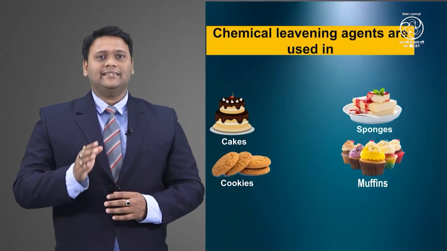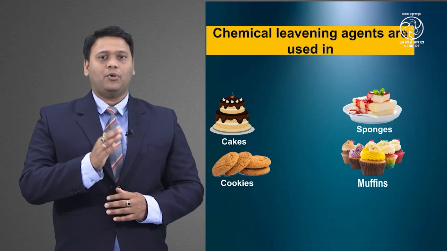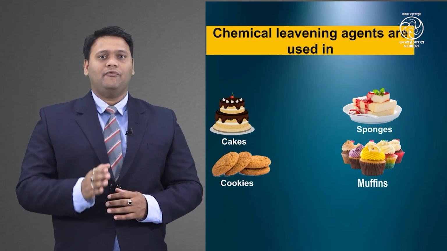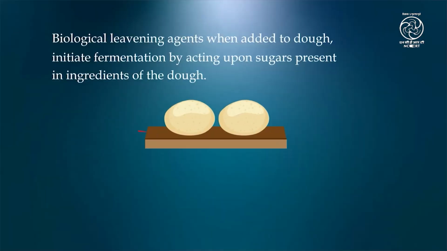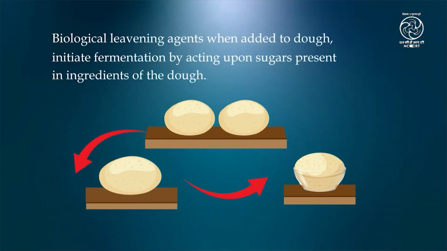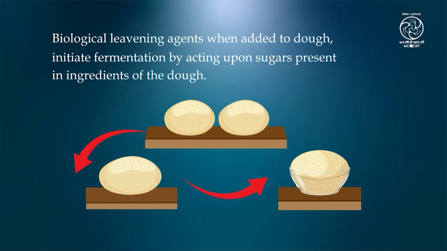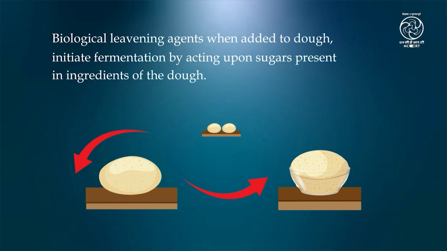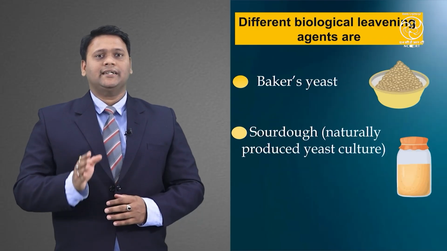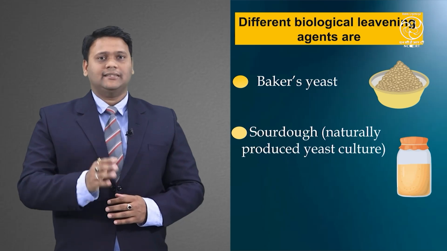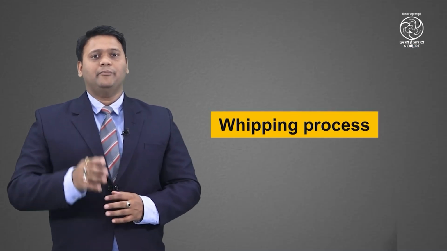Chemical leavening agents are used in cakes, sponges, cookies, muffins, etc. Biological leavening agents, when added to dough, initiate fermentation by acting upon sugars present in ingredients of the dough. Different biological leavening agents are baker's yeast and sourdough.